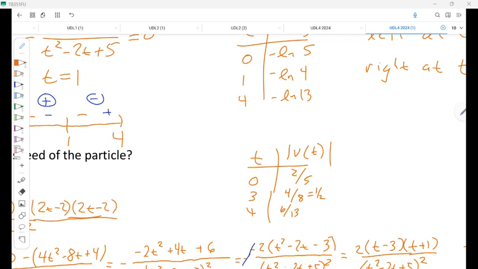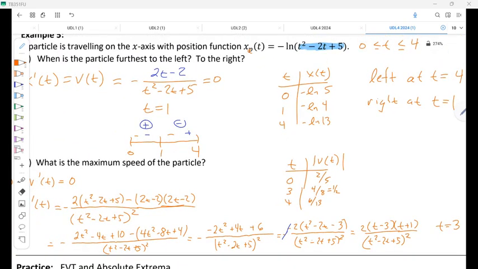So when is it traveling the fastest? What's the biggest fraction there? 1/2, yeah. Definitely 1/2. Yeah, 2 is less than half of 5. 6 is less than half of 13. Yep. And it says, again, what is the maximum speed?